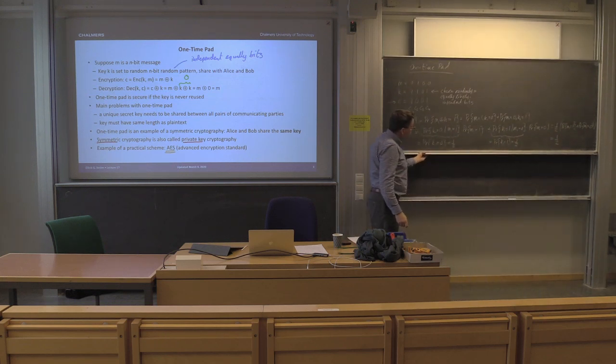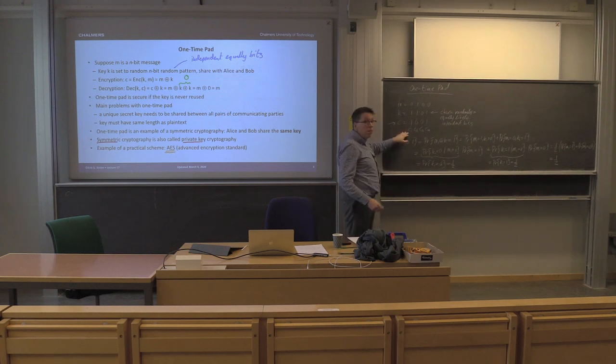Okay, so from the perspective of Eve, she will see a sequence of bits which are equally likely 1s or 0s, regardless of what the message was. So Eve is clueless. She has no chance by observing C to figure out what M is.